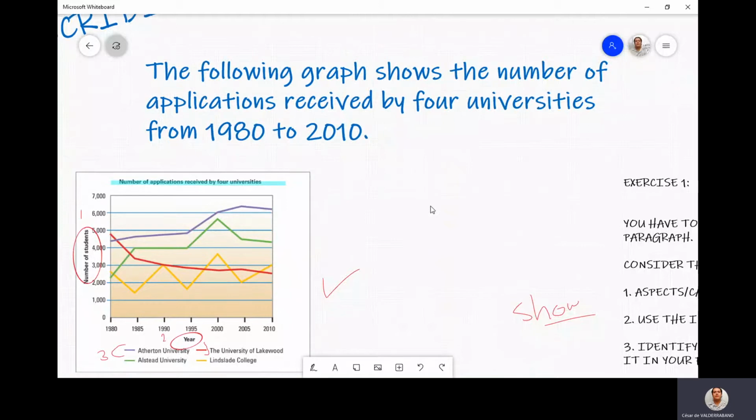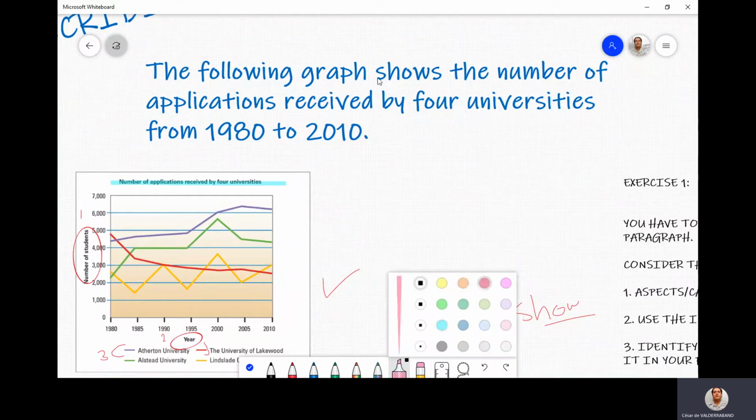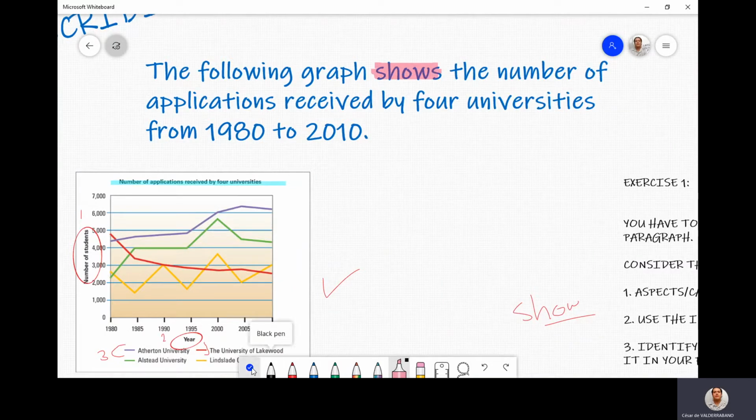The part that changes according to the verb is this. Let me show you here: shows, the verb shows. You can say provides data, or compares, etc. So now, this is the first answer from this exercise number one.